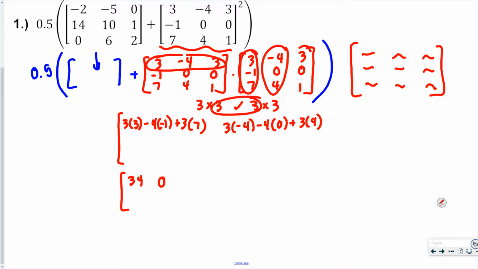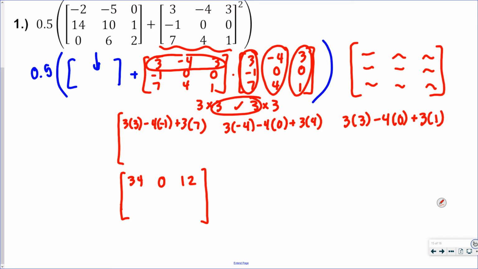Row 1, column 3. 3 times 3. 9 plus 3, 12. That's right. Row 1 is done.